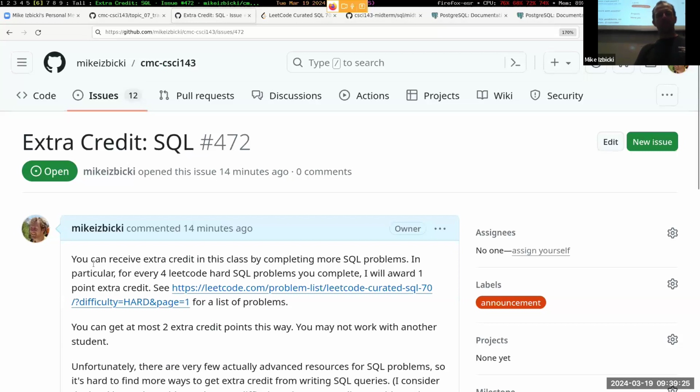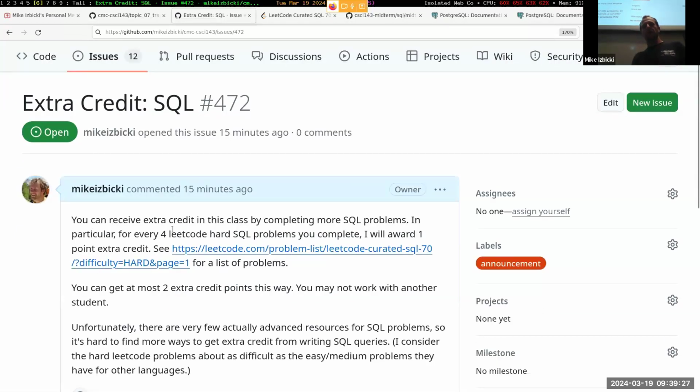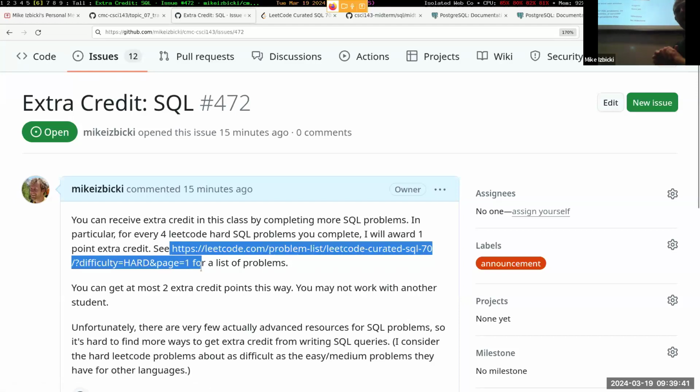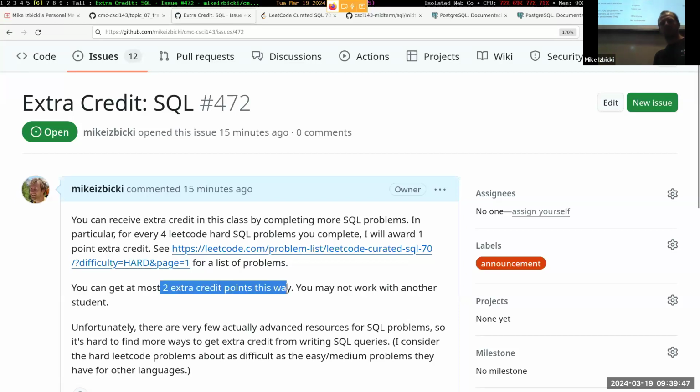The idea is that you can complete LeetCode SQL hard problems to get extra credit. The exchange rate is 4 LeetCode hard problems for 1 point of extra credit. You can find a list of the problems over here. It turns out there are only 9 total problems, so you can get at most 2 extra credit points this way.